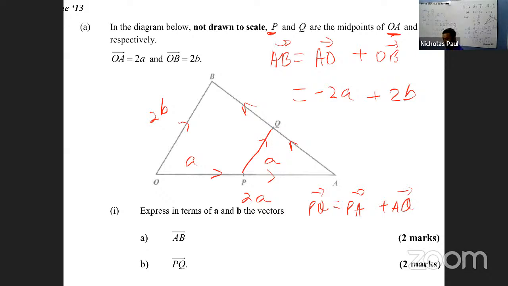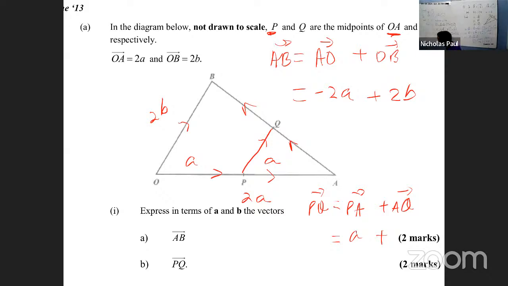What's P to A? I already helped you label it. P to A is what letter? Small a. Look at the diagram, see a small a there? So P to A is small a. And what is the Q? Who wants to help me with the Q?